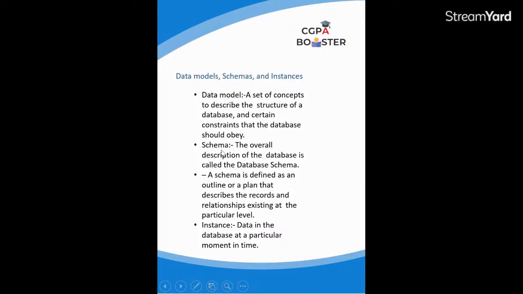What is a schema? The overall description of the database is called the database schema. A schema is defined as an outline or a plan that describes the records and the relationships existing at a particular level. An instance is the data in the database at a particular moment in time.